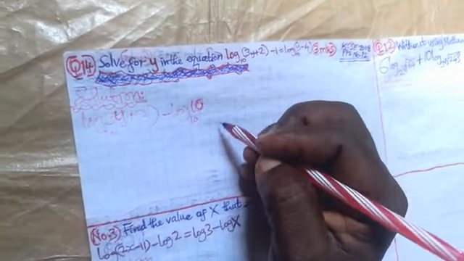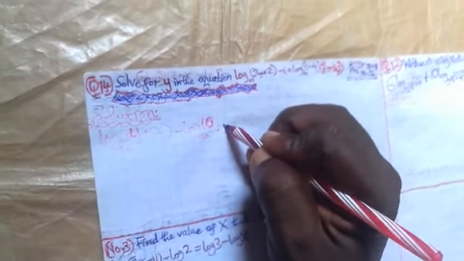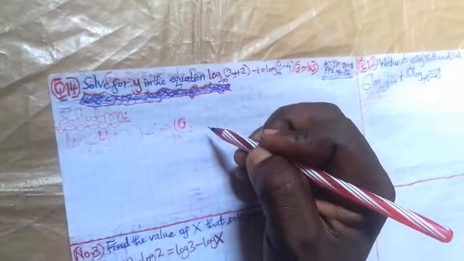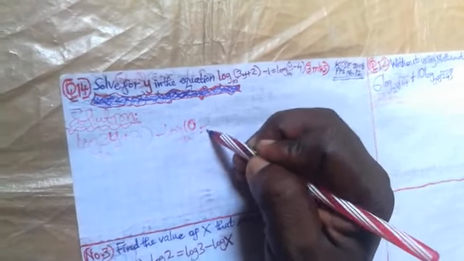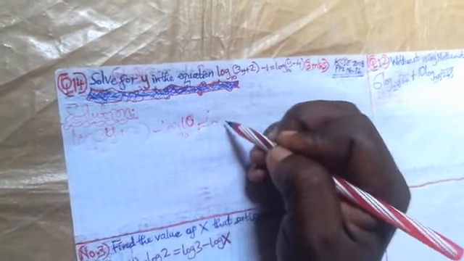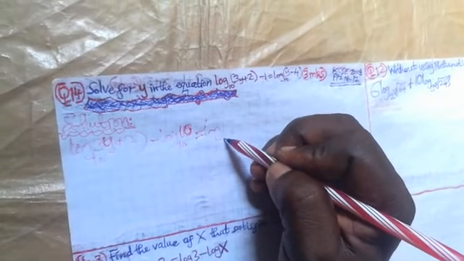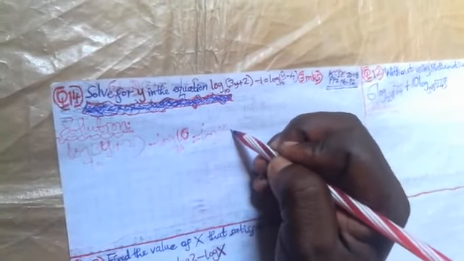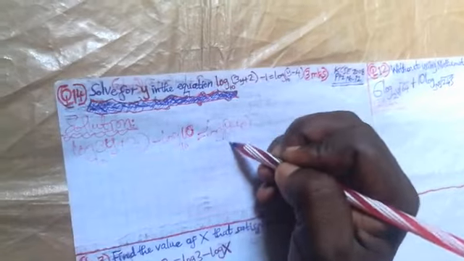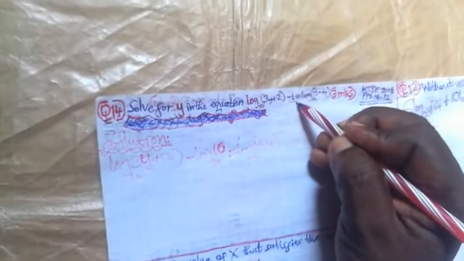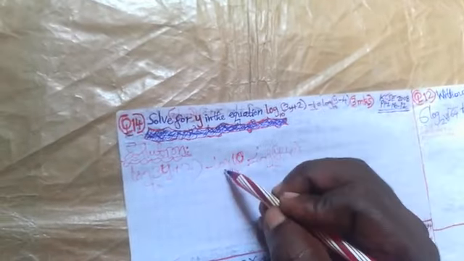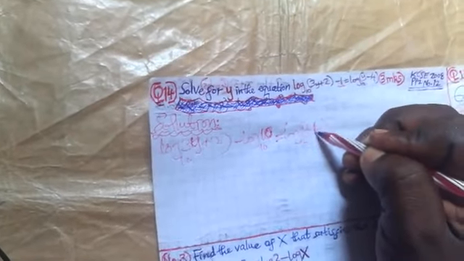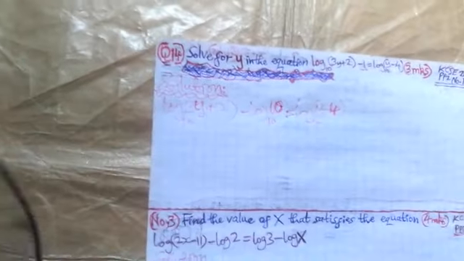Hence, this is equal to log of y minus 4, all to base 10. Remember, we have 1 is equivalent to log 10 base 10. We have already shown our calculations in the previous questions.